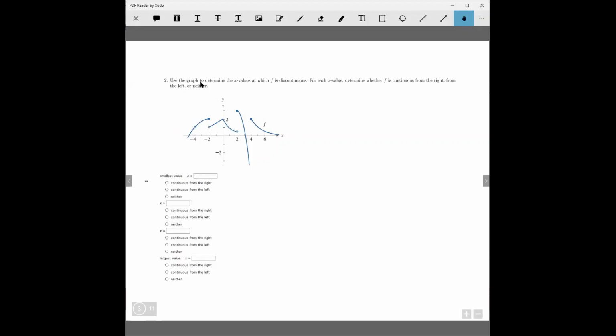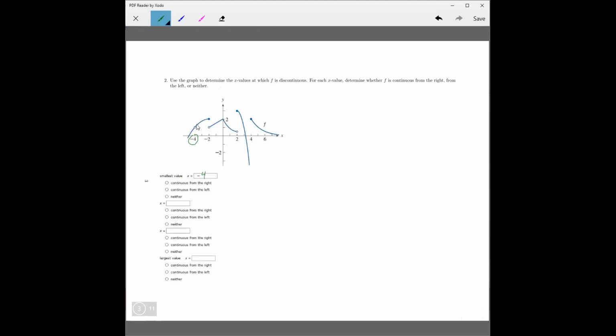Now we have a graph, and we're supposed to determine for what values it's discontinuous, and whether it's continuous from the right, from the left, or neither. The first one is at -4. It's not continuous there.